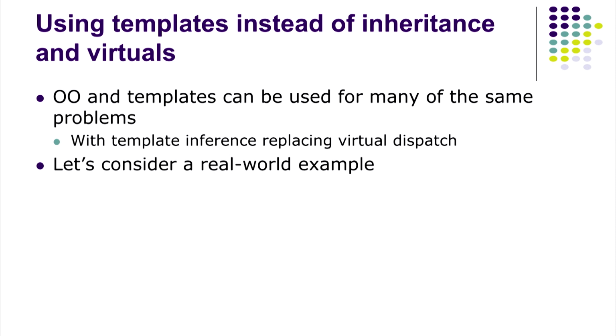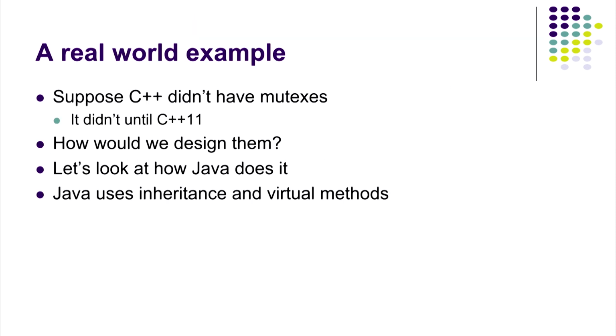So object orientation and templates can be used for many of the same problems, with template inference playing the same role as virtual dispatch does. Let's consider a real-world example. Suppose C++ didn't have mutexes, right? You're like, that's crazy, but we didn't have them until 2011, right? So suppose you had been tasked with adding mutexes and threading in C++11. Well, how would we go about designing them?